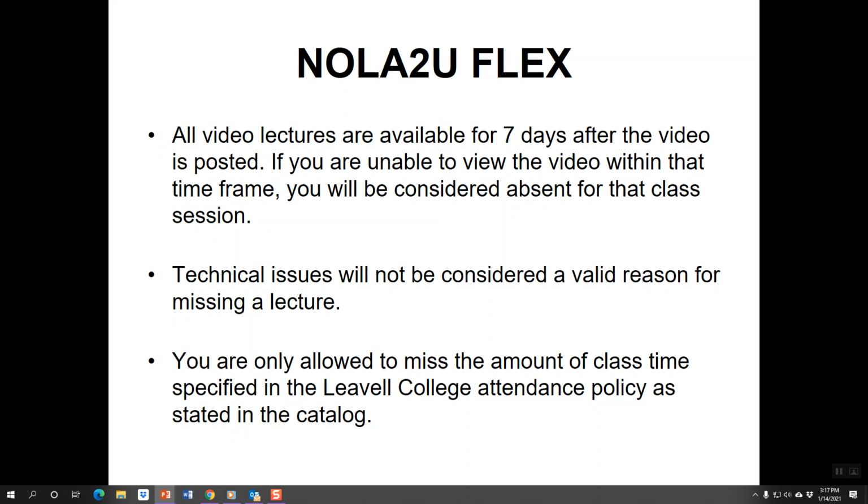So be sure that you have all the technology that you need in order to participate in this class through the Flex format. And distance students are only allowed to miss the amount of class time specified in the NOBTS attendance policy as stated in the catalog.